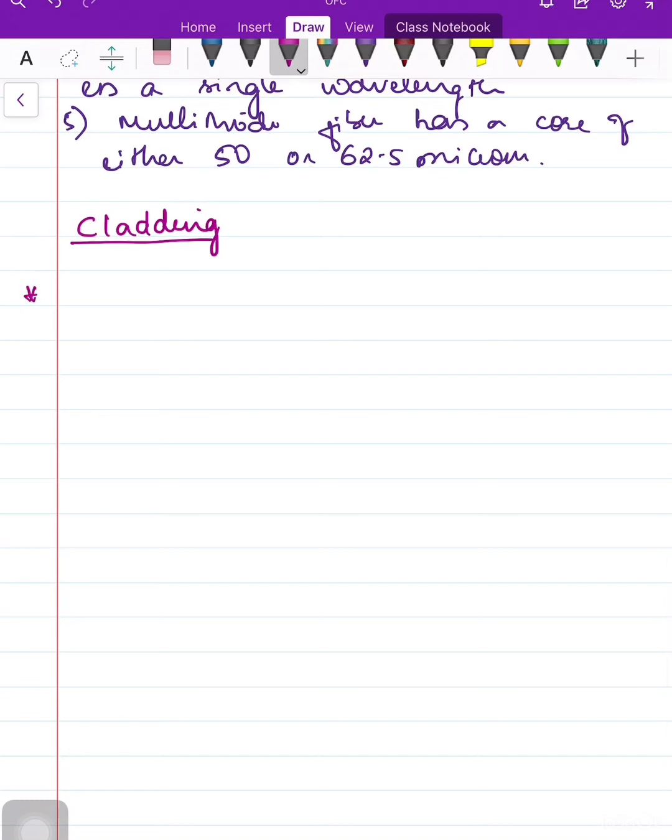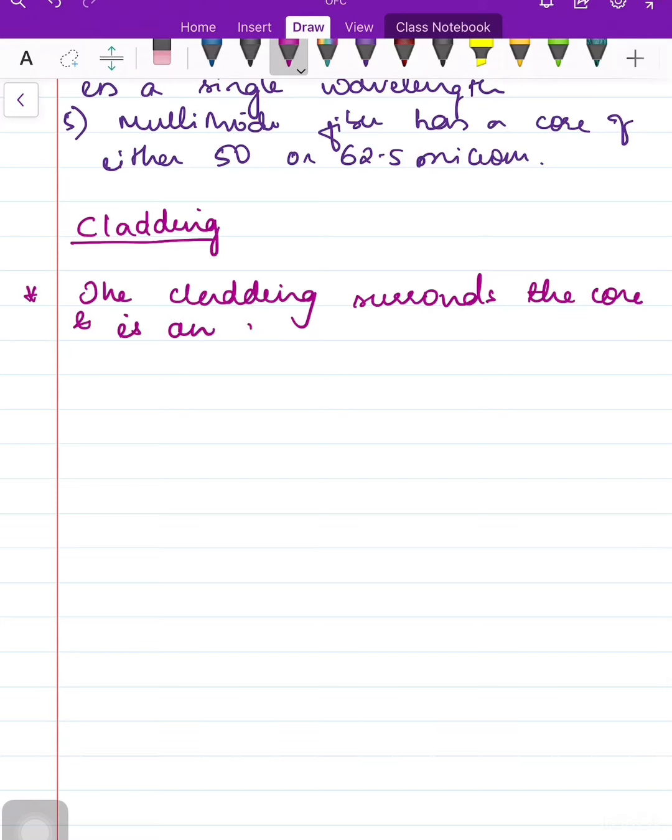So what happens? The cladding surrounds the core, and is an outer optical material that protects the core.